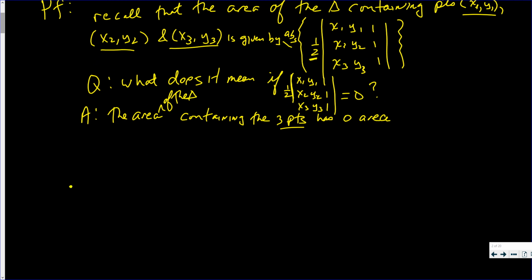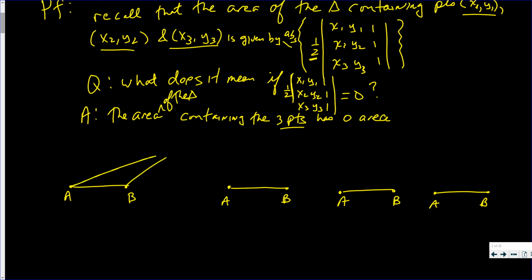Well, let's look at this. This is point A, this is point B. I'm going to try my best to let A and B be the same distance apart. And we're going to play games with point C and angle B. If angle B is 165 degrees, we get this area.